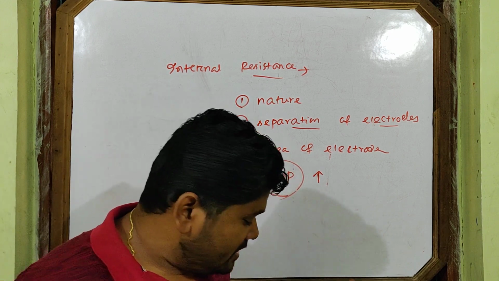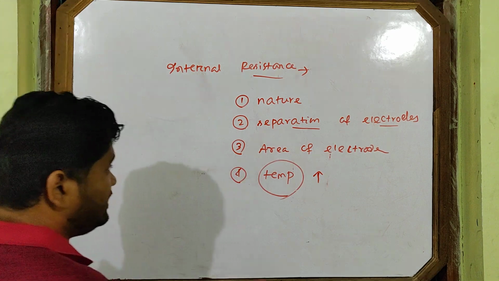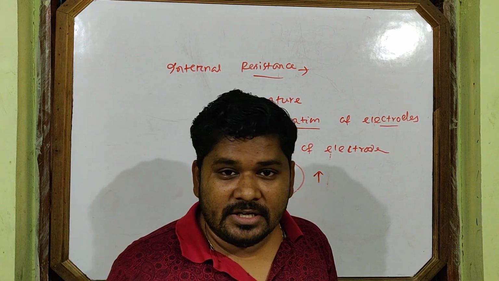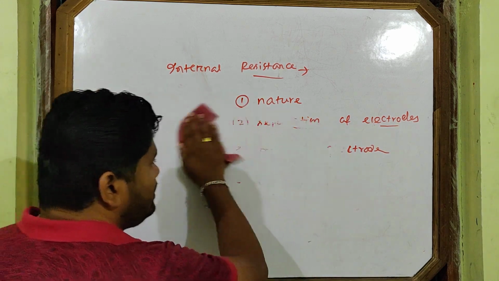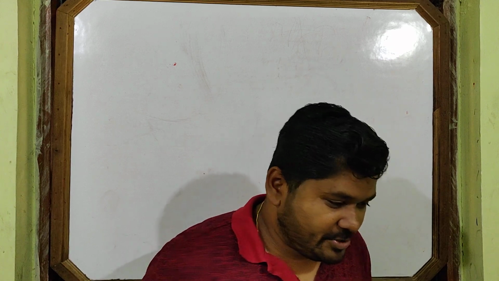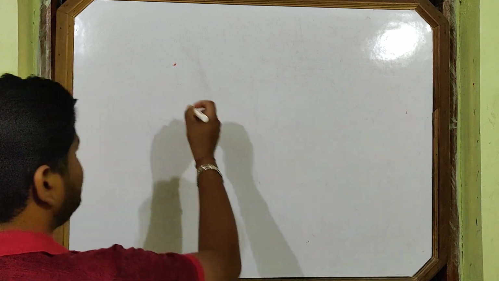Okay, so next, this was about internal resistance and the factors on which it depends. Then we will see another topic, the relation between EMF and potential difference. Let's discuss the relation.